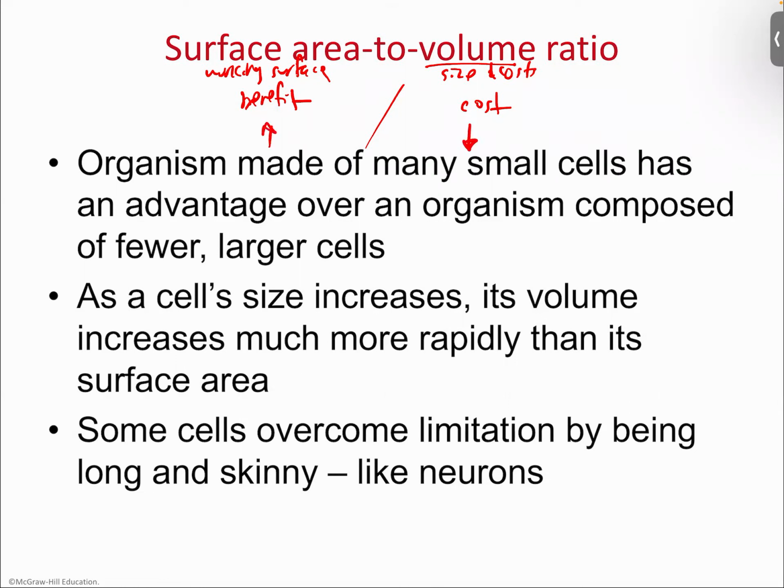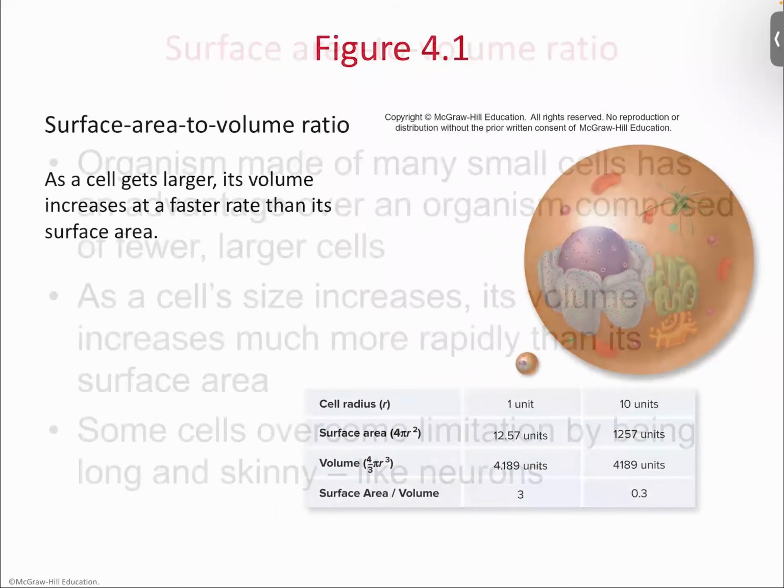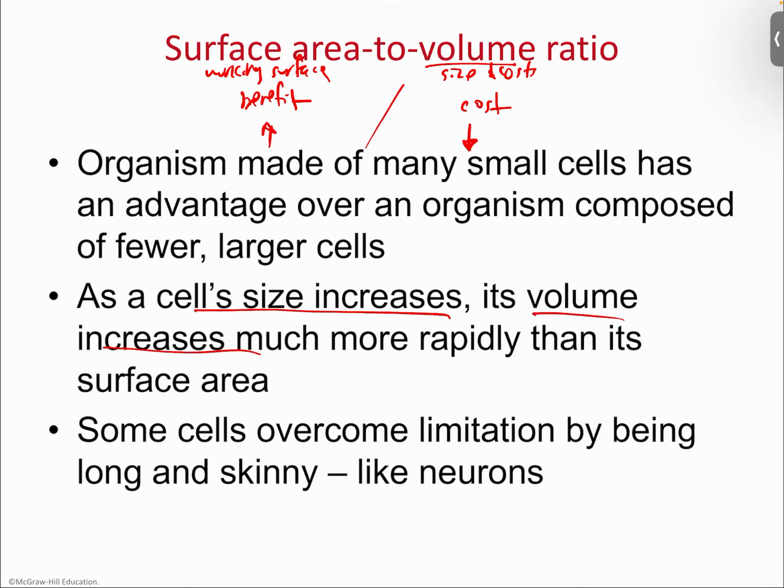Now, here's the thing. A lot of times, if you use the Texas mentality, the initial way of saying, oh, this is how you maximize benefit, is just increase your cost, make it bigger. If you need more surface area, that means you need more cells, so just make it bigger. So increase the size. That'll increase your volume, but it'll also increase your surface area.